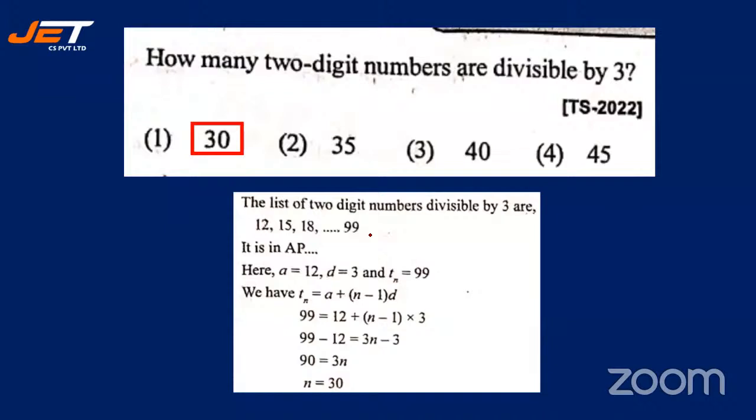So Tn is 99, a plus n minus 1 into d. You are just substituting the value of d, and n alone will be the missing figure in this. So just find out the value of n by using this formula, where you will get n as 30. All right, students. So excellent sum, in fact. So worth writing it down. All right. See the next question.